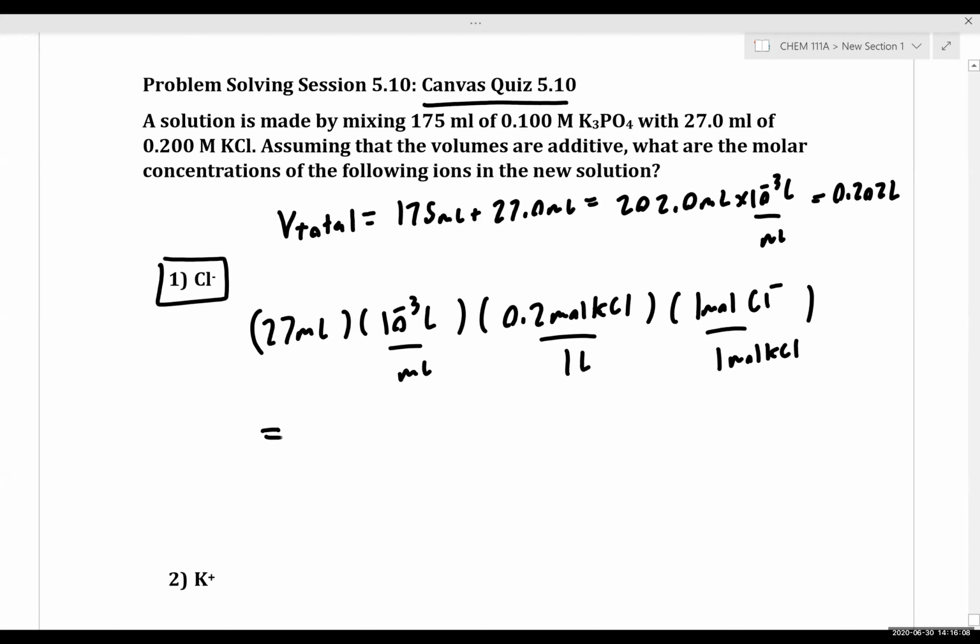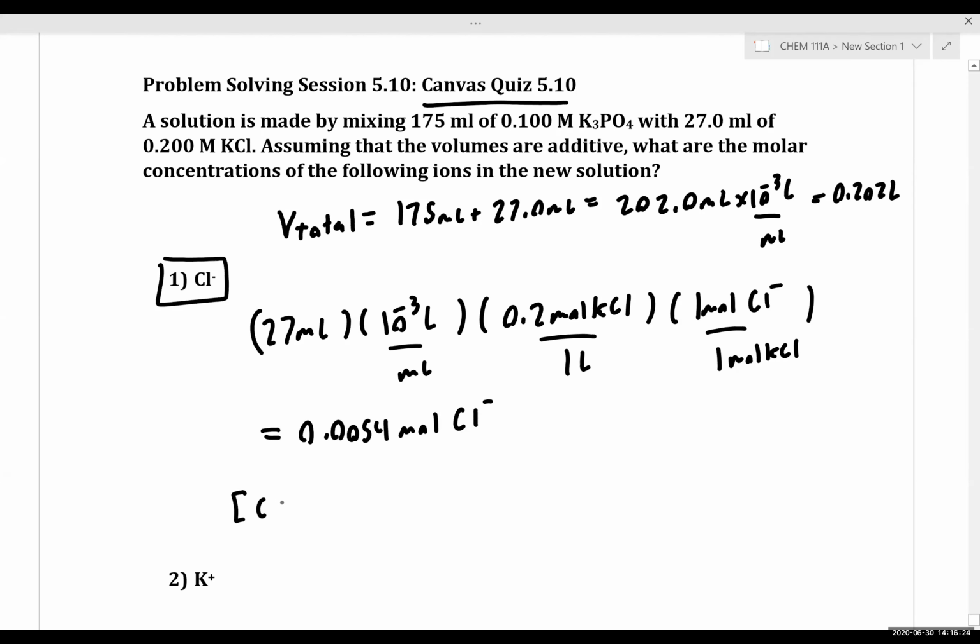Punching that into our calculator, that in turn gives us 0.0054 moles of chloride.